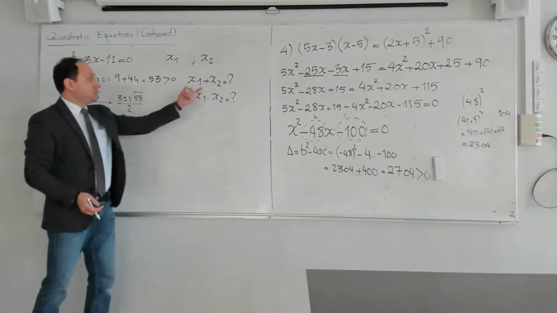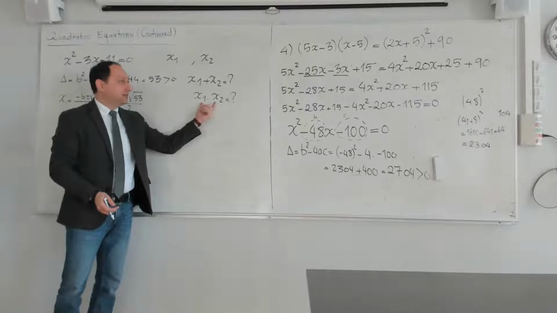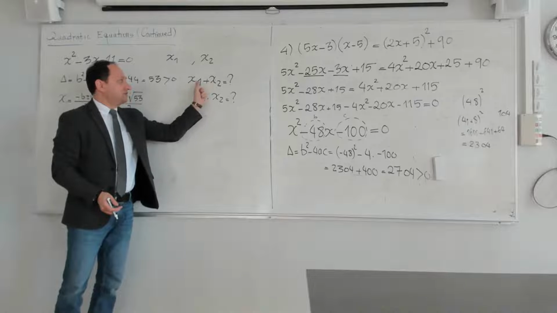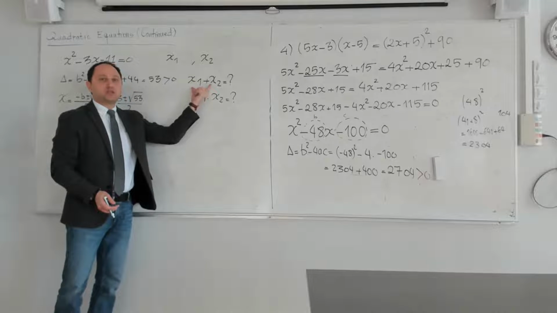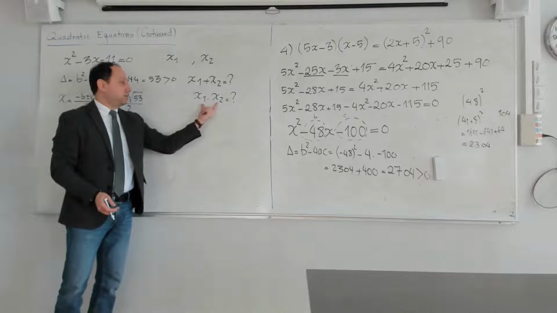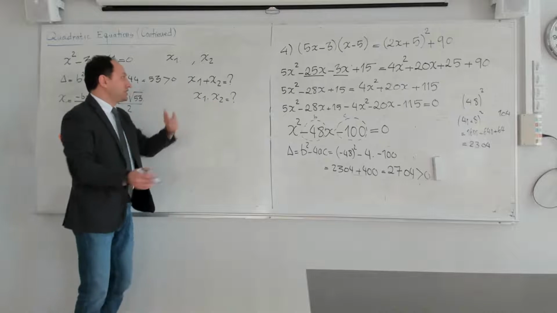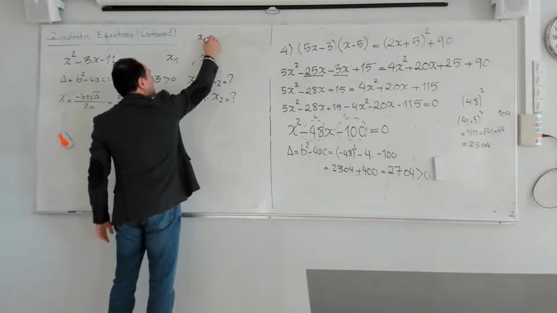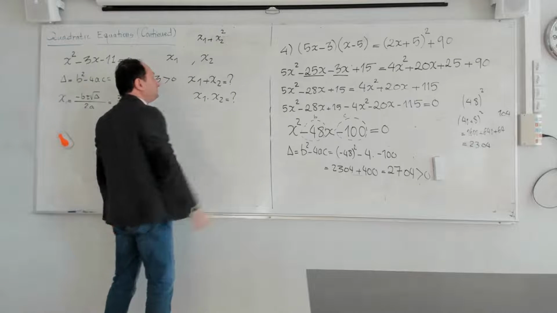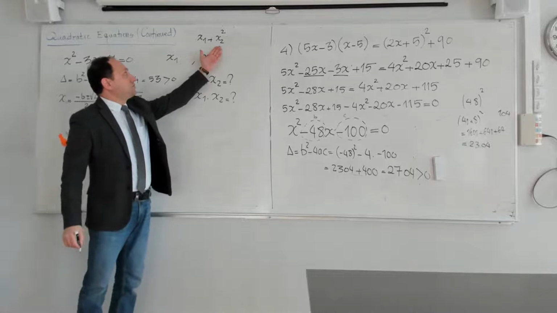And you see that these questions are symmetric. Yes? Because it doesn't matter if I change x1 and x2, it becomes x2 plus x1, which is the same thing, and it becomes x2 multiplied by x1. For example, I cannot ask you to calculate this.